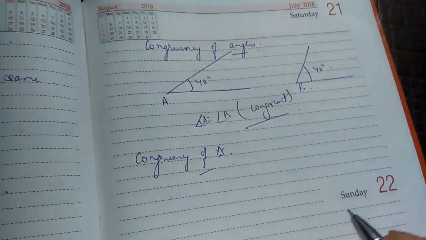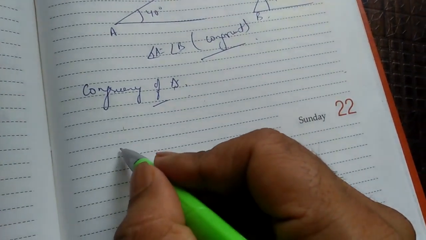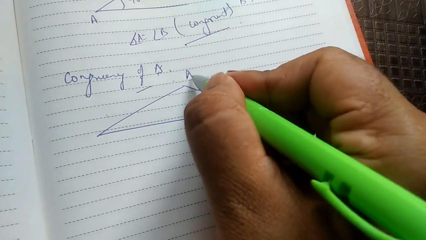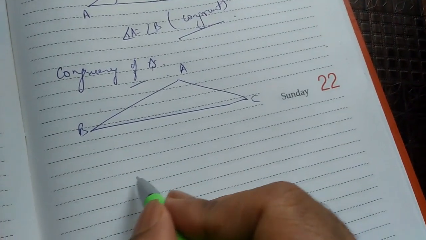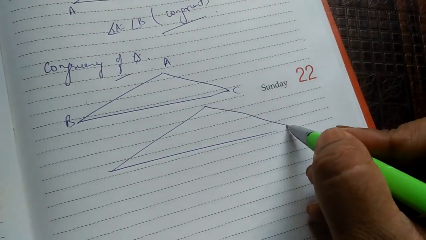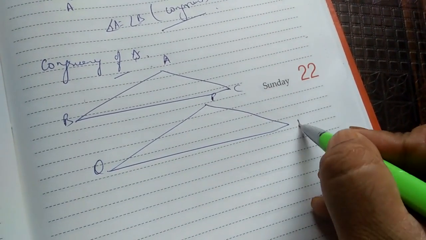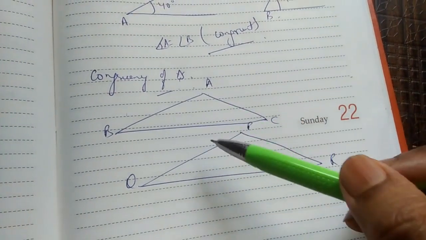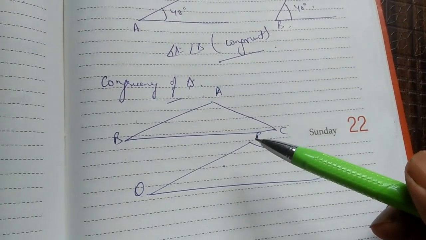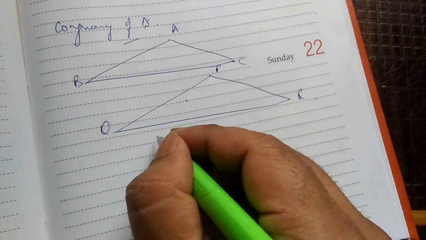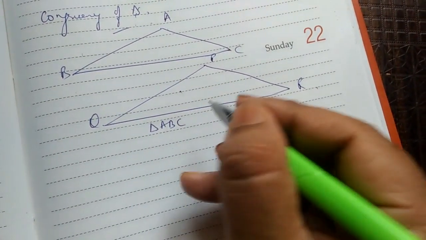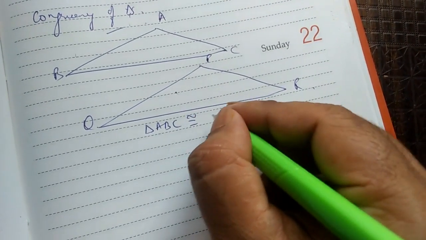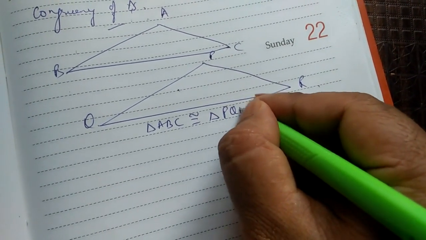Let's say we have two triangles, triangle ABC and another triangle PQR. Triangle ABC and PQR have the same size. It is not up to scale, but consider that they are both the same. This is how it is written, PQR.